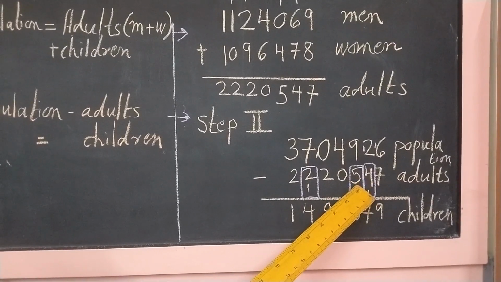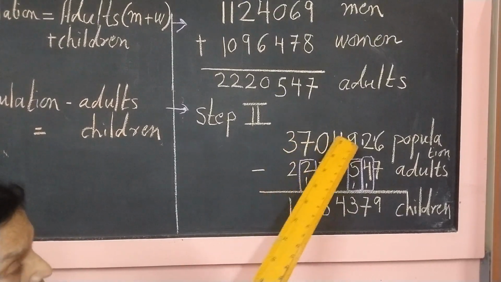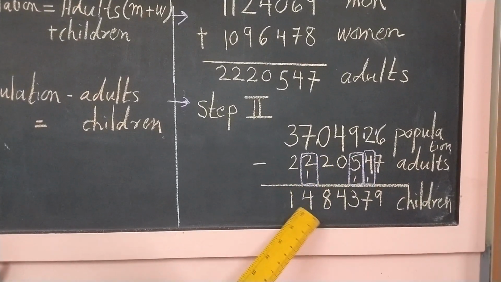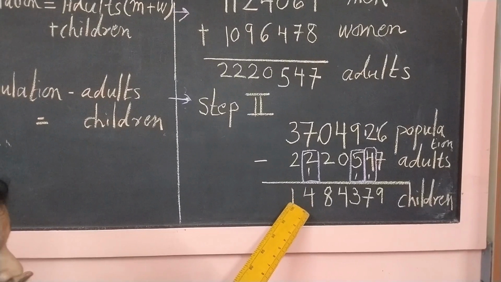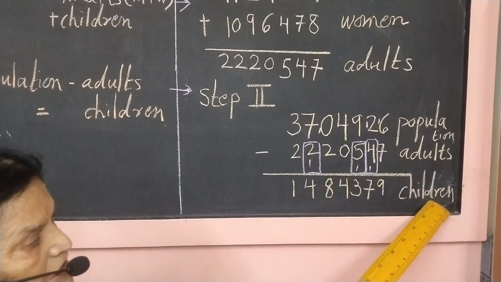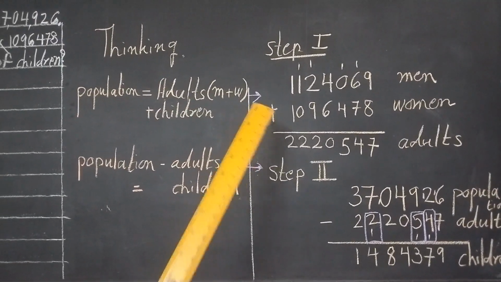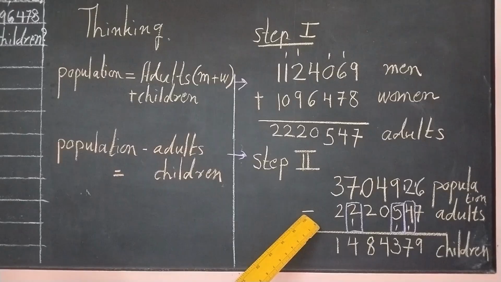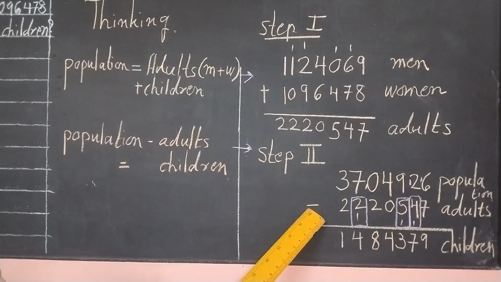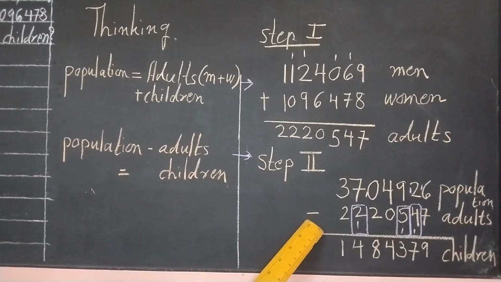This adult population we have to subtract from the total population given in the example, and hence the answer which we obtain by subtraction will give us the children. So here we will find that addition is followed by subtraction. Means there are two processes involved, and hence it goes under mixed example of word problem.